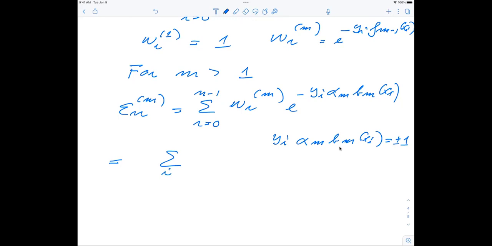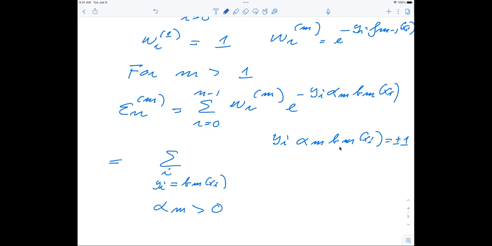We have the sum of i, and now I'm going to be a little bit sloppy here, so I don't write i equals 0 to n minus 1, but we have a sum of i where we now include only y of i equal to b n of x of i, and we've made an assumption that these parameters alpha m are larger than 0. So it's only the function b which is now our decision tree, which now returns either minus 1 or plus 1.